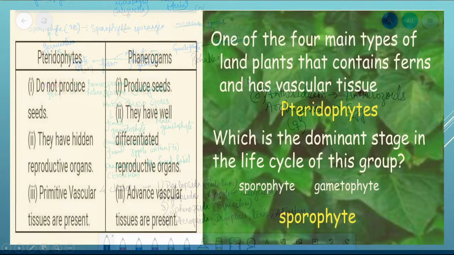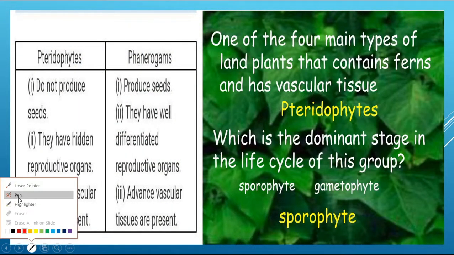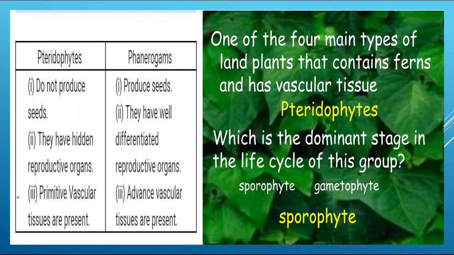In this slide we will study the pteridophyte, which is one of the land plants, and this is a primitive type of plant, the first plant having true root, stem and leaves. They do not produce seeds, whereas phanerogams, that is gymnosperms and angiosperms, produce seeds.